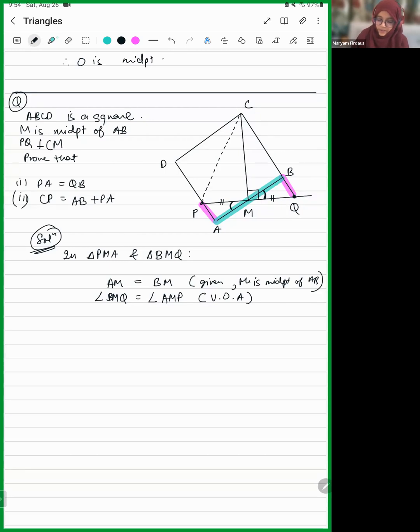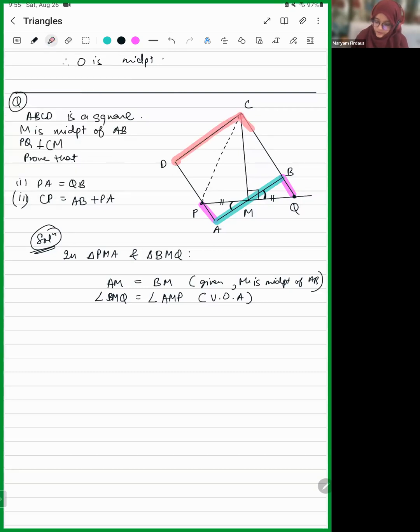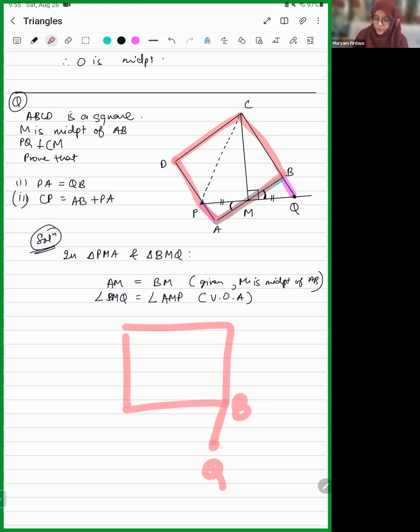We know that this is a square. Now imagine there's a square like this, and there's some point over here, Q, and you are just connecting the point B and the point Q. Just because it looks like a straight line doesn't mean that it's a straight line, because it's not given in the question. So you can't make assumptions.